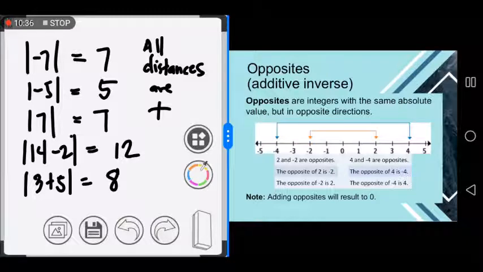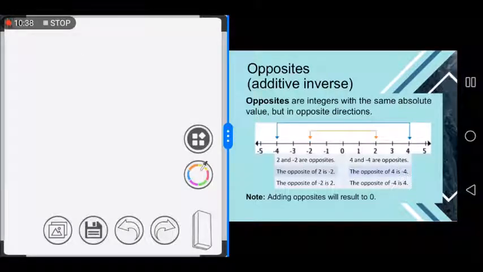Another term that you should be aware of is what we call opposites or the additive inverse. One property of real numbers is what we call the inverse property of addition. When we say that, we are pertaining to the opposites. Opposites are integers with the same absolute value but in opposite directions on a number line.